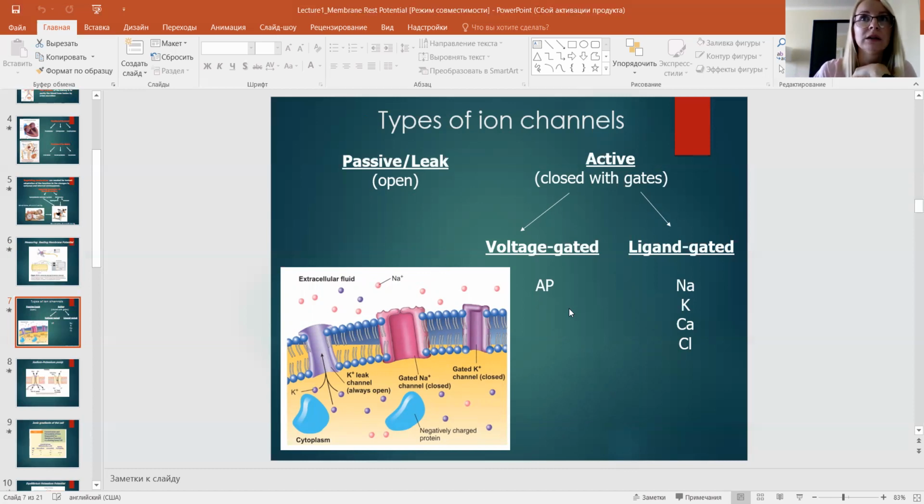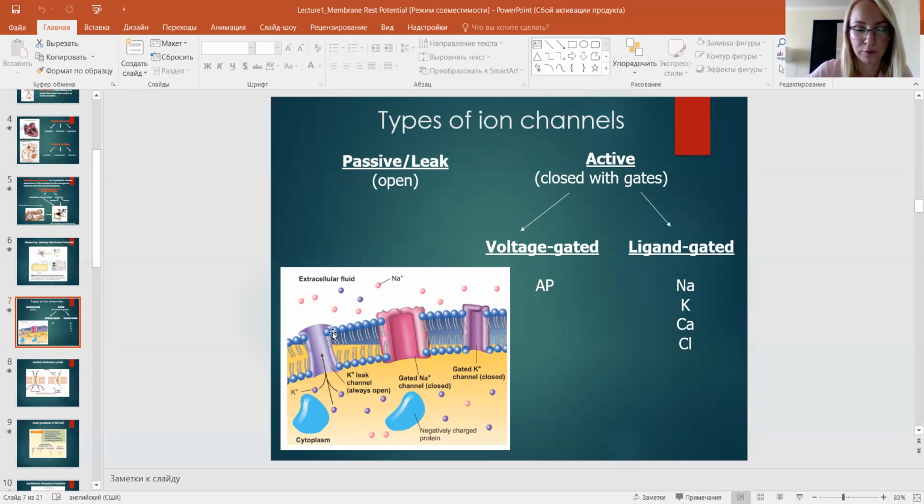The movement of ions into or out of the cell changes the charge difference across the plasma membrane, which causes voltage-gated ion channels to open or close. This subtype of ion channels is responsible for the formation of action potential.